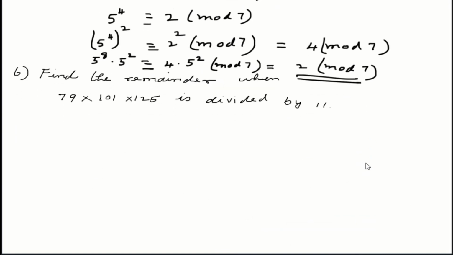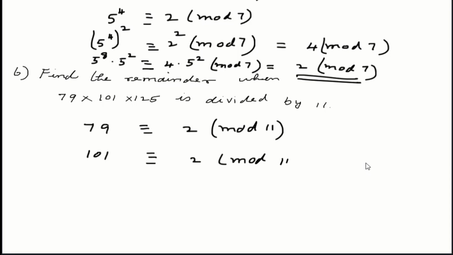Find the remainder when this product is divided by 11. So we need not multiply and make it a bigger number. By using the theorem, I can write 79 is congruent to 2 mod 11, because 77 is a multiple of 11. 101, again 99, so this also leaves remainder 2 when divided by 11. Then it is 125. 125 when divided by 11 leaves remainder 4.